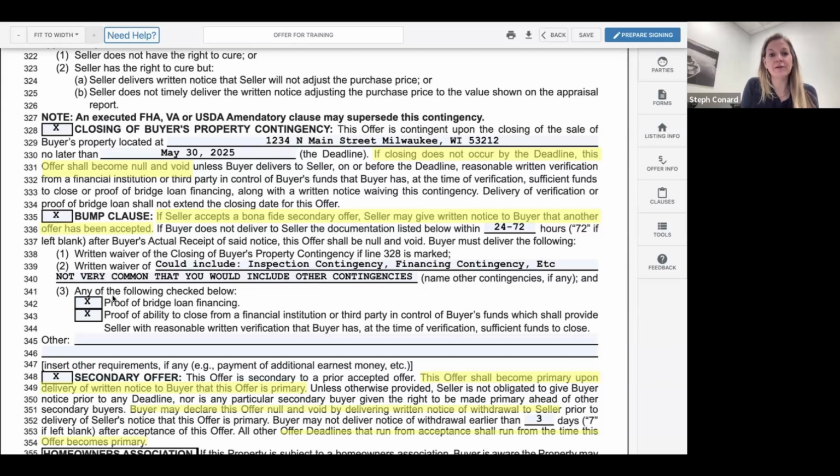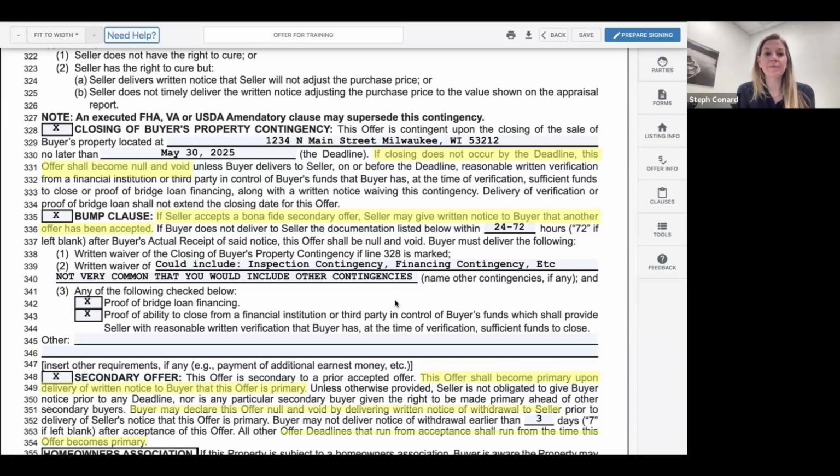Or number 3, they can deliver any of the following checked below: proof of a bridge loan financing, or proof of the ability to close from a financial institution or a third party in control of the buyer's funds, aka a proof of funds letter, which shall provide seller with reasonable written verification that the buyer has, at the time of verification, sufficient funds to close, or other. So there could be additional earnest money involved.